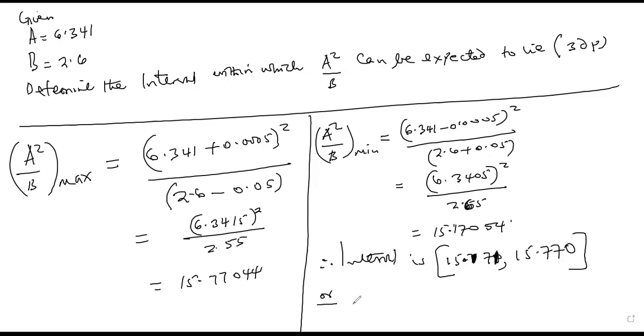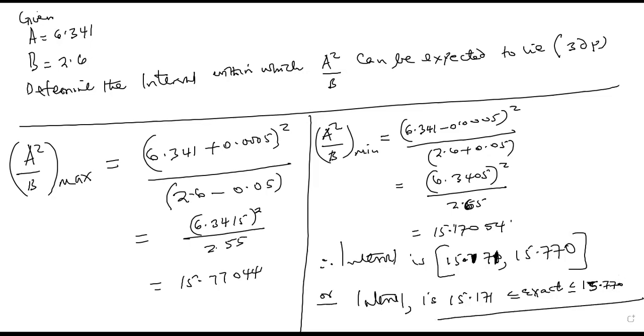Or one can get the interval by writing, it would be easy, 15.171 less than or equal to, where you first compute the exact value, 6.341 squared over 2.6, then less than or equal to the maximum, which is 15.770. So still this one would work.